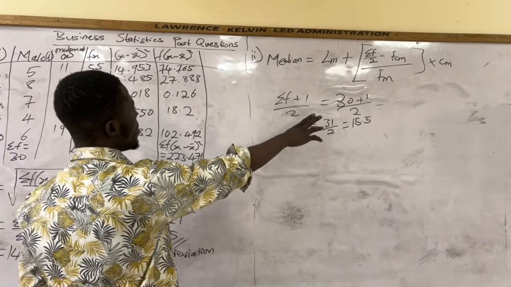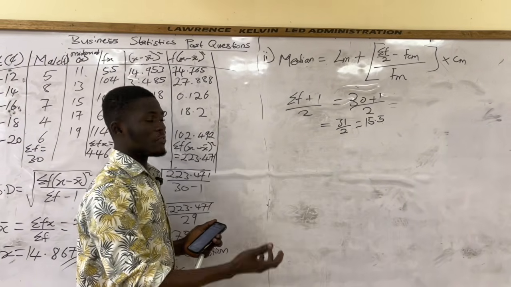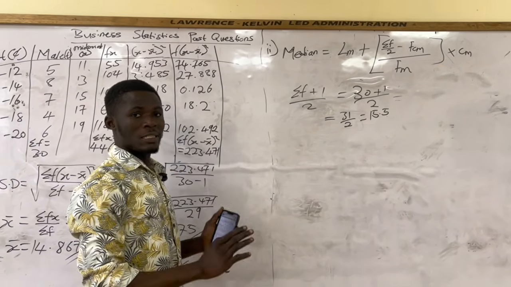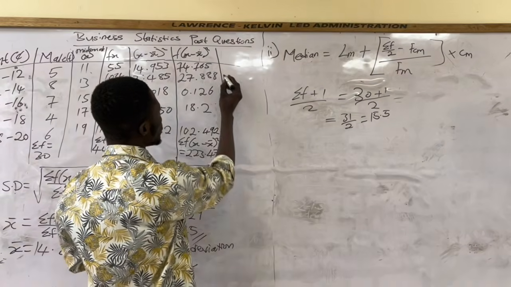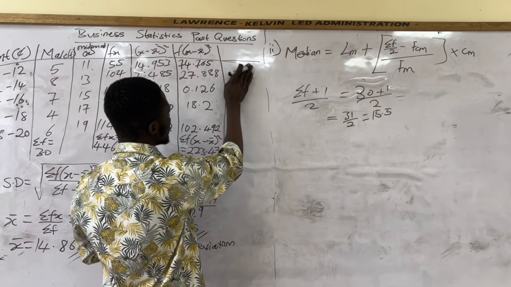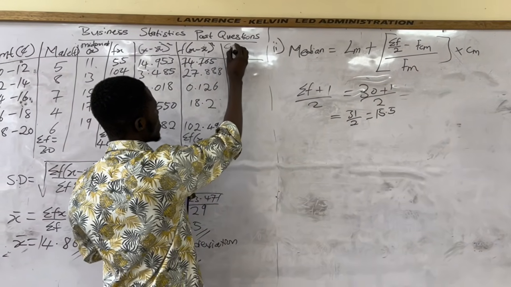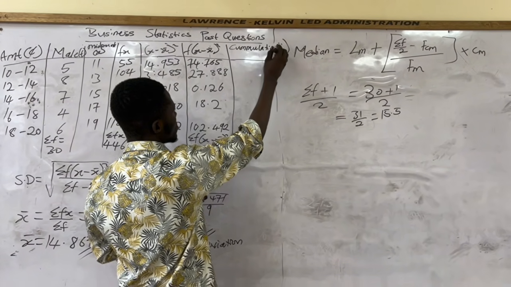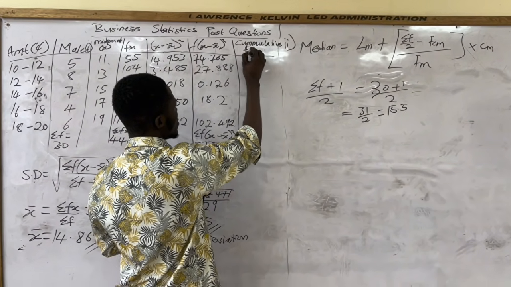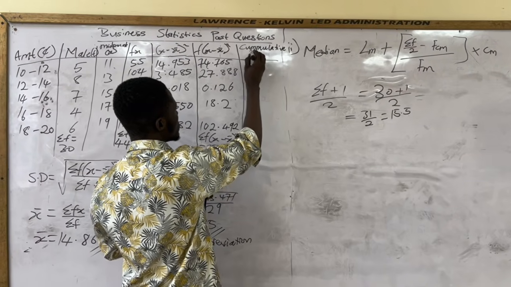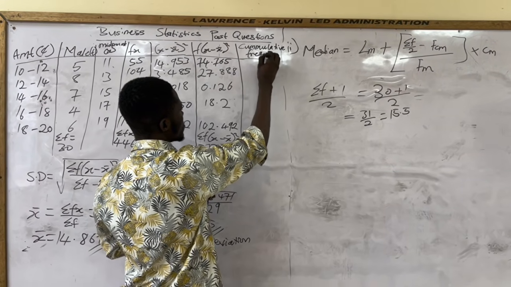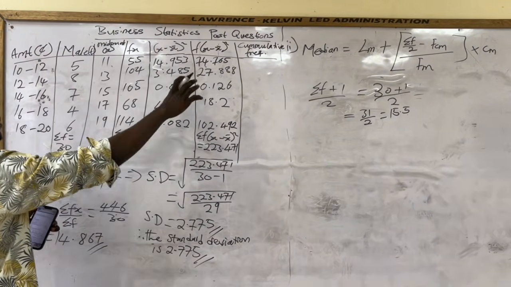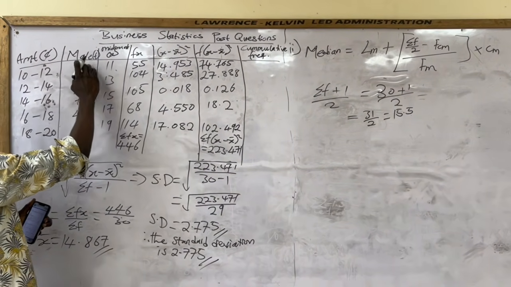So here we have to create a cumulative frequency because for the median, we are going to use the cumulative frequency. So cumulative frequency, I'll create it here. Okay, now with the cumulative frequency, we need to sum this.